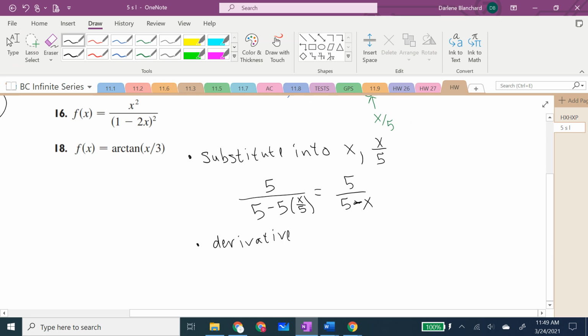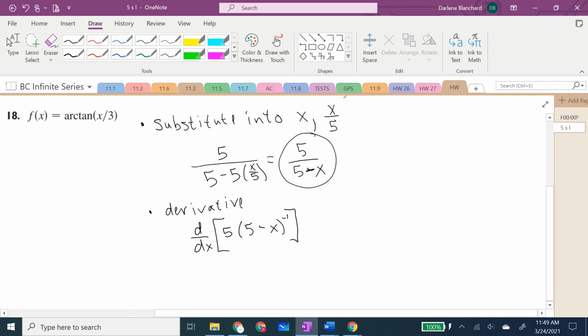And you need to take the time to think about this derivative. I'm going to rewrite 5 over 5 minus x as 5 times 5 minus x to the negative 1 in an abundance of caution, which is a phrase I've heard quite a lot lately.